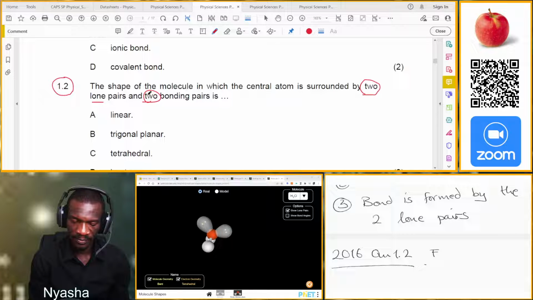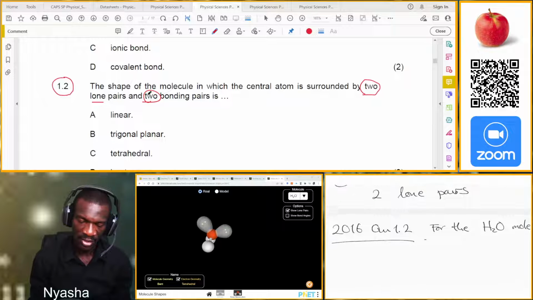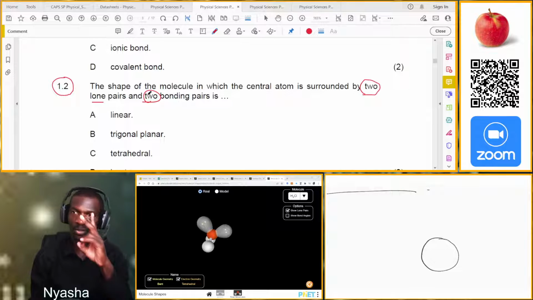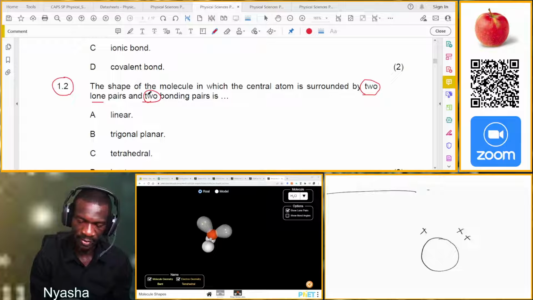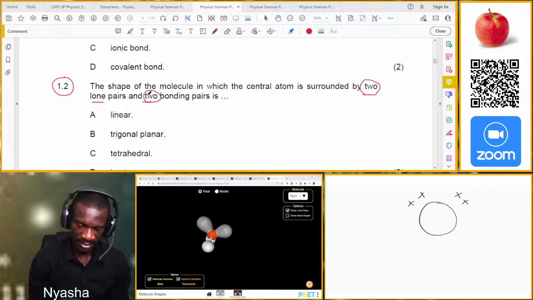Let's just use the water molecule. So this is our central atom. It has how many lone pairs? Two lone pairs, so you can just draw the lone pairs here. Then it has how many bonding pairs? It has two bonding pairs.